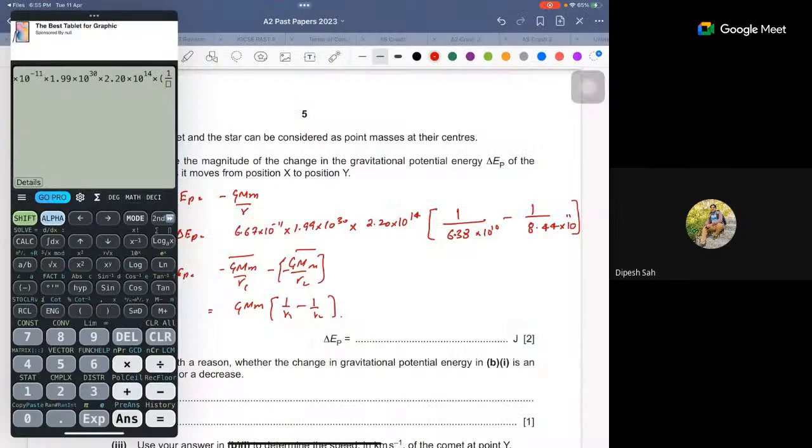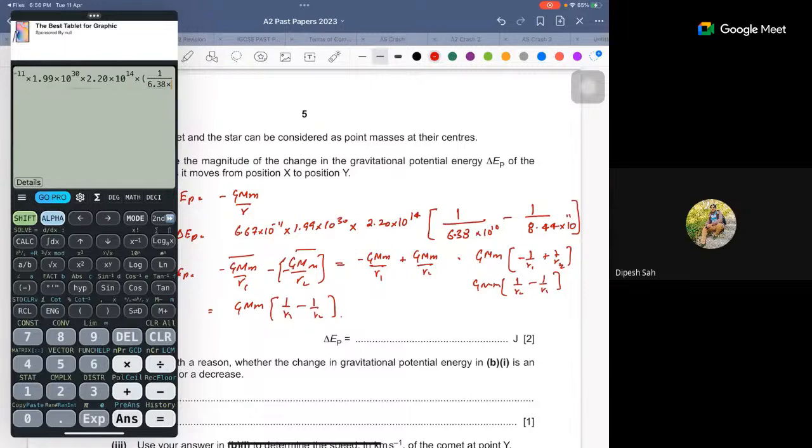Minus minus becomes plus. This will be minus GMm over r1 plus GMm over r2. If you take GMm common, then it will be minus 1 upon r1 plus 1 upon r2. Or you can write it as GMm times 1 over r2 minus 1 upon r1, like that. Do you understand? Okay, yes, I got it.